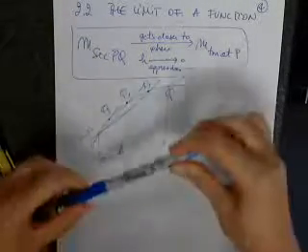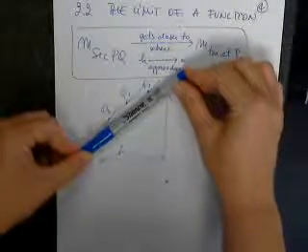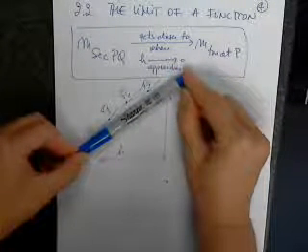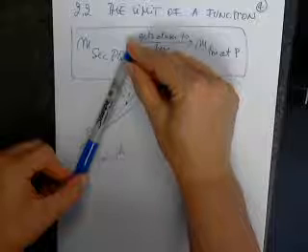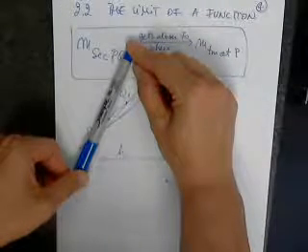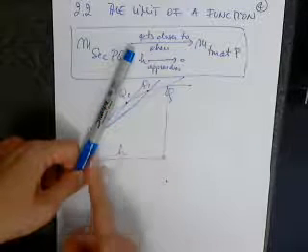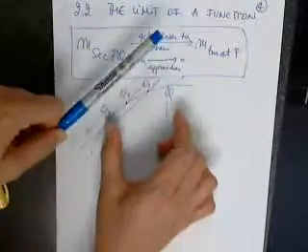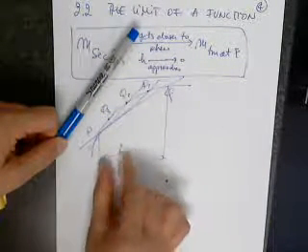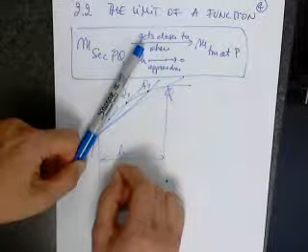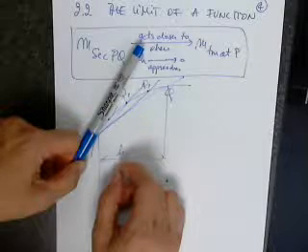Therefore, the slope of this line will get closer and closer, not equal to, but closer and closer to the slope of the tangent line at P, which basically means as h gets closer and closer to 0, this line becomes the tangent line. We agreed on that last time, correct?